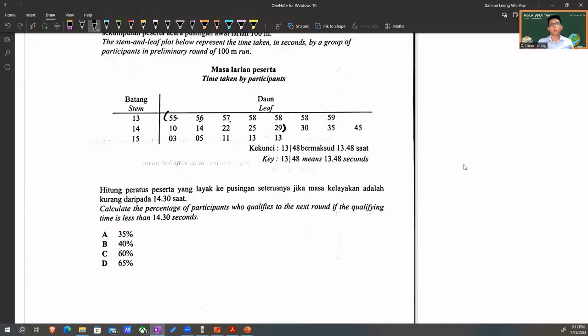So there are 1, 2, 3, 4, 5, 6, 7, 8, 9, 10, 11, 12. 12 of them. So 12 out of total, there are 12, 13, 14, 15, 16, 17, 18, 19, 20. 20 of them. Put into percentage, times 100%.